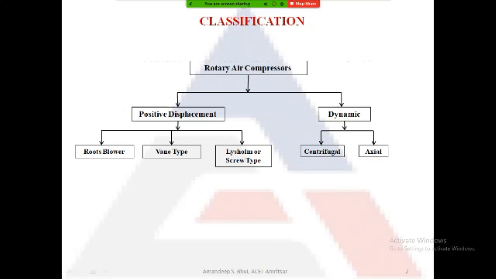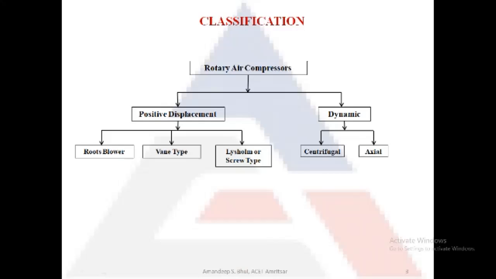Now, if we look at the classification, rotary air compressors can be subdivided into two categories: positive displacement compressors and dynamic compressors. The positive displacement type can again be classified into three types: the roots blower, the vane type compressor, and the Lysholm or screw type compressor.